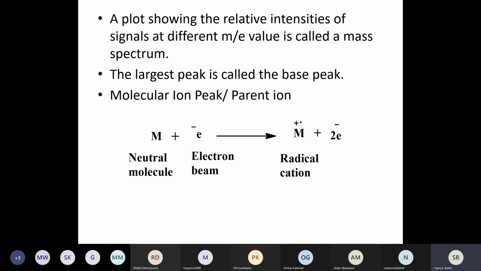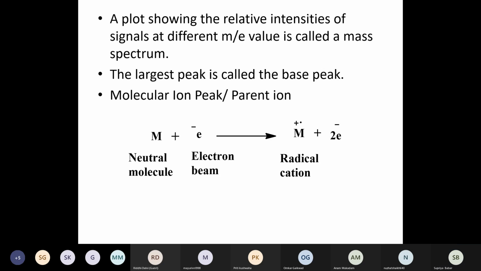M plus is the cation and the radical, with one electron. So it forms the radical cation, and two electrons are released. This is called the parent ion or the molecular ion, usually written as M plus.